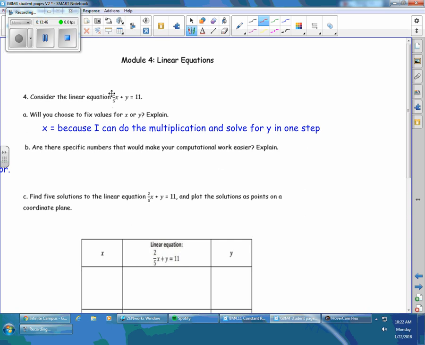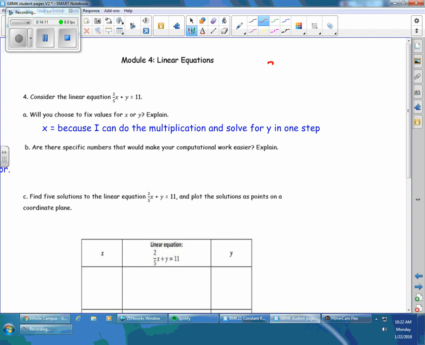Looking at 2/5 of x plus y equals 11, are there specific numbers that are going to make my computations easier? Let's think about this. 2/5 is a fraction. If I choose values for x that are multiples of 5, I can take care of my fraction and not deal with fractions in my calculator. Think about this.